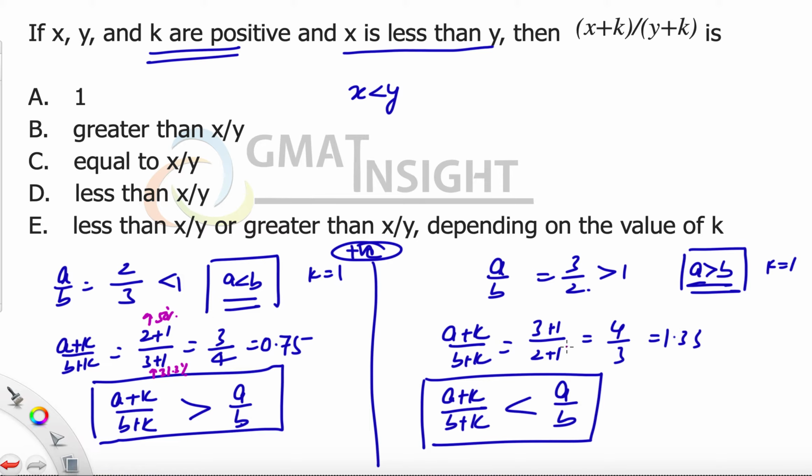And here exactly the opposite has happened. When you add 1, the numerator has increased by 33.3%, whereas the denominator has increased by 50%. Since the denominator has increased by a greater percentage, the resultant has become smaller. Therefore this becomes smaller, this becomes bigger.